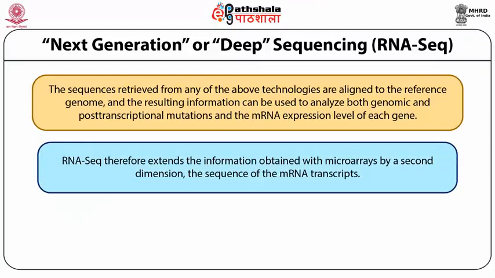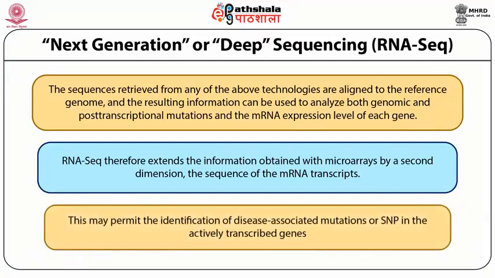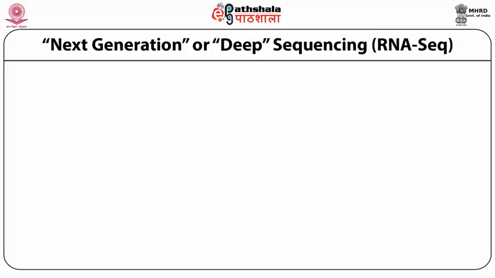RNA sequencing therefore extends the information obtained with microarrays by a second dimension, the sequence of the mRNA transcripts. This may permit the identification of disease-associated mutations or SNPs in the actively transcribed genes.